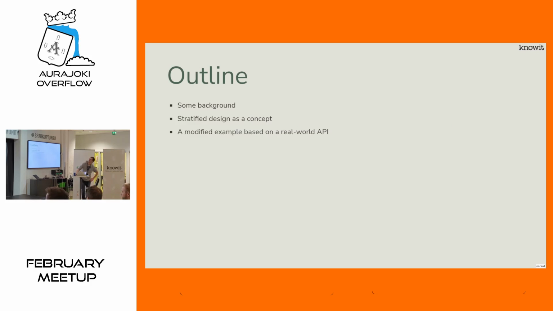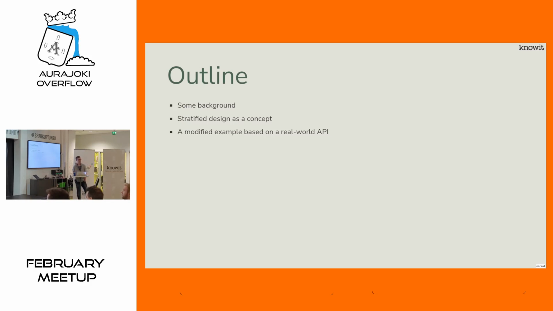And I will do this by using two different examples. I will start off with a completely made up example using just fake data, fake code, to get the concept of stratified design hopefully more understandable.